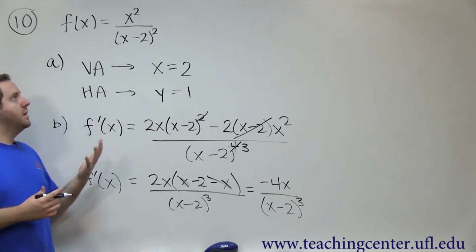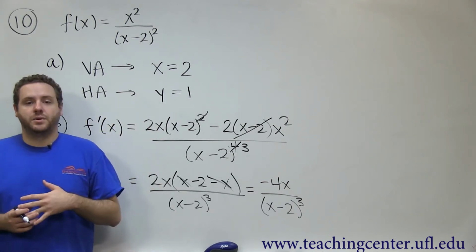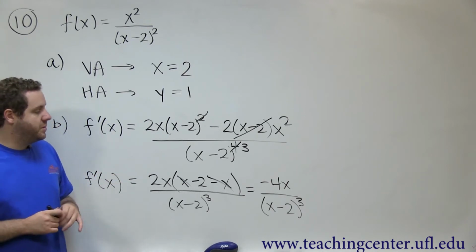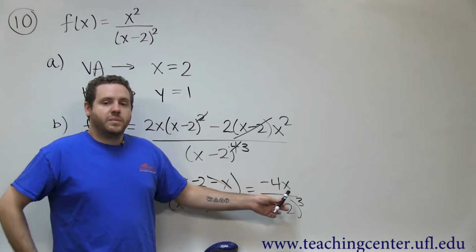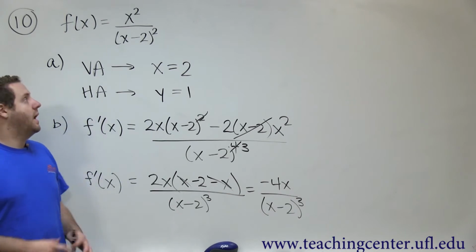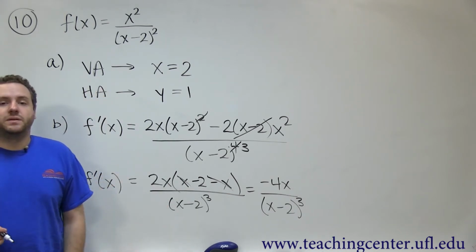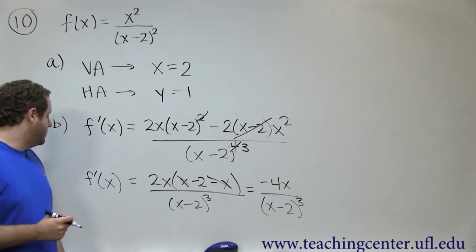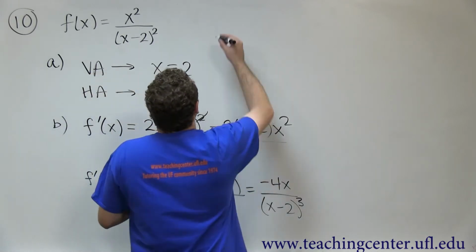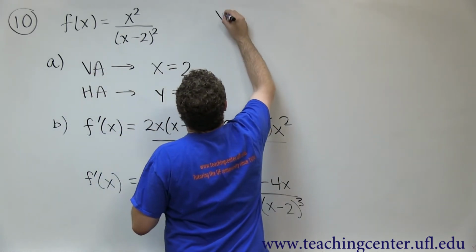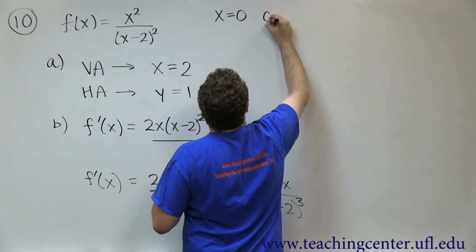You couldn't plug in 2 to the function. What is a critical number, though, is x equals 0, because that makes our derivative 0, and that is perfectly in the domain of the function. So we have one critical number, x equals 0.